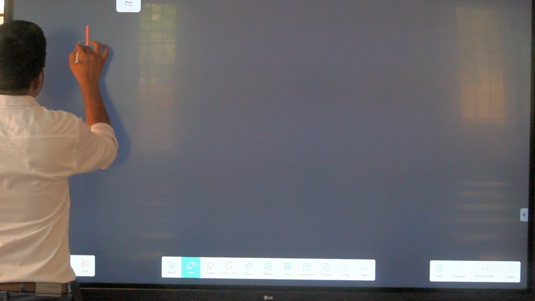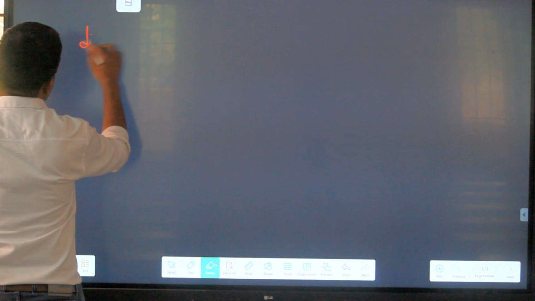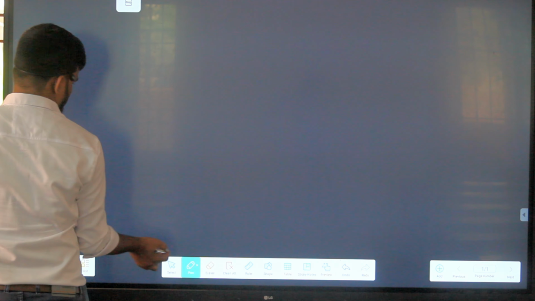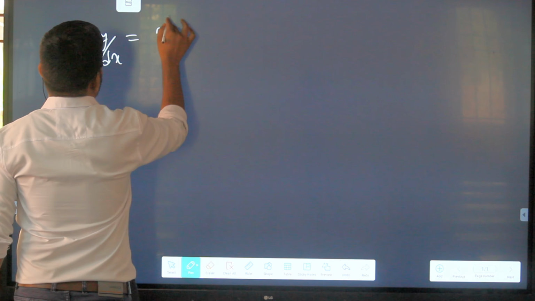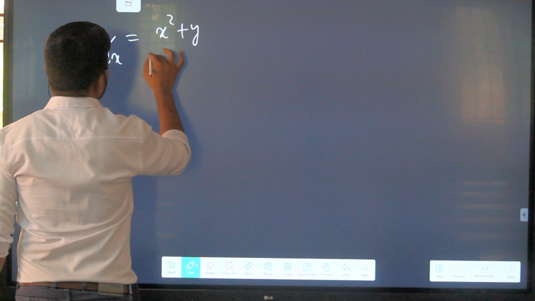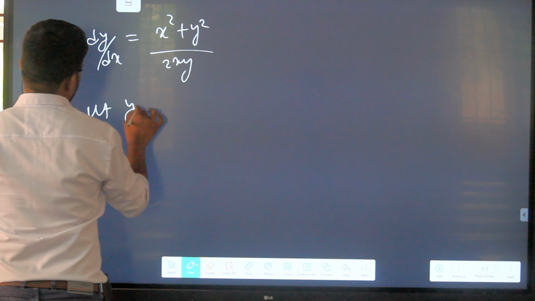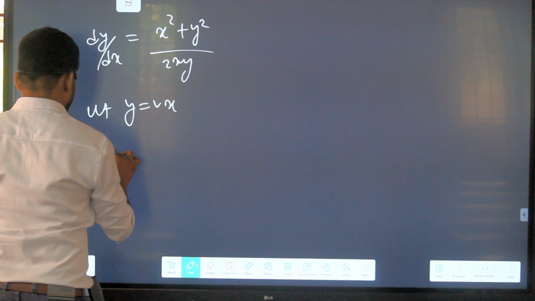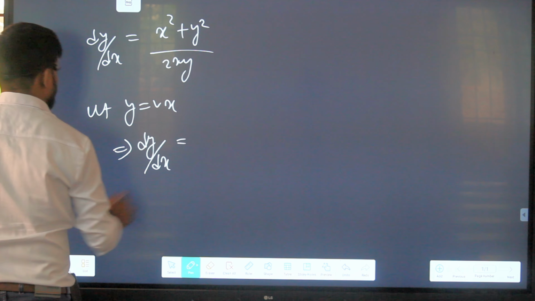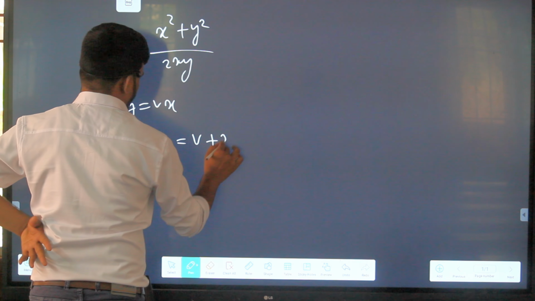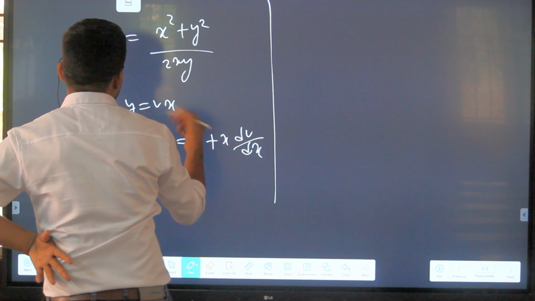So in our case, dy by dx is equal to x square plus y square by 2xy. So let y is equal to vx. This implies dy by dx is equal to v plus x dv by dx. So let me put this in the differential equation.